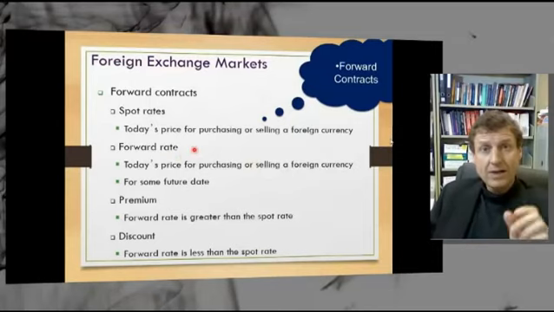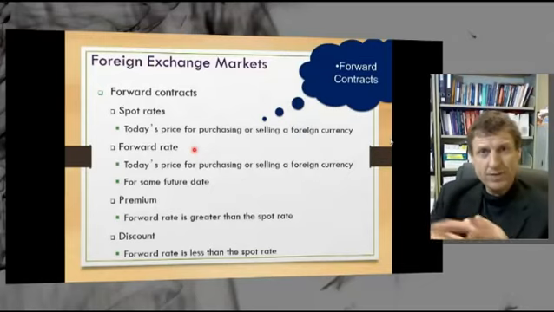But for now, notice that there's always, in most cases, a difference between the spot rate and the forward rate, and it really reflects the future differences in the currency, or the differences in the interest rates between the two economies, the economic growth between the two economies, and other factors.